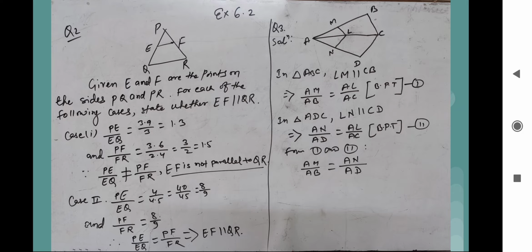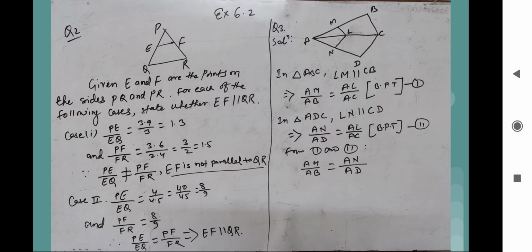Question number 2. It is given in this question that in triangle PQR, E and F are points on the sides PQ and PR. For each of the following cases, we have to state whether EF is parallel to QR.